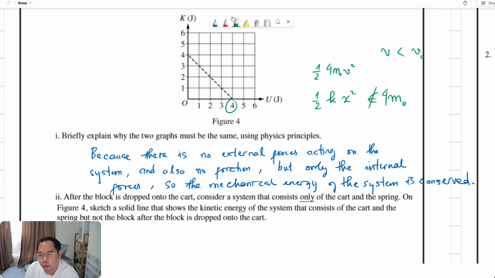But when we only consider the kinetic energy of the cart only, without caring about the block, it will have a certain part of the energy. This kinetic energy, 1/2 times 4m0 v squared, can be split into two parts: the kinetic energy of the cart only, 1/2 m0 v squared, and the kinetic energy of the block 3m0 on the cart, 1/2 times 3m0 v squared.